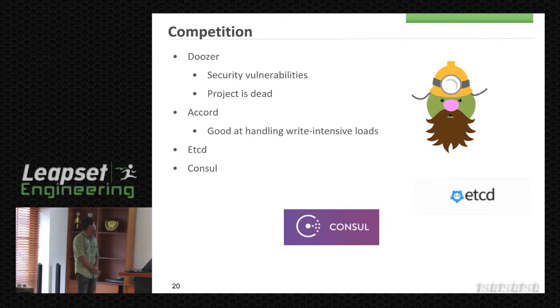And then we look at a few competitors, alternatives to Zookeeper. There is Zuul, Accord, etcd, and Consul. I'm not sure whether I'm pronouncing it correctly, let's say Consul. Zuul has two grave disadvantages.